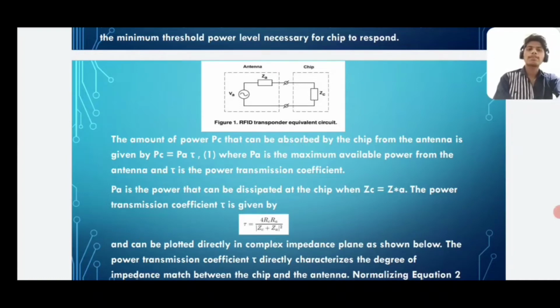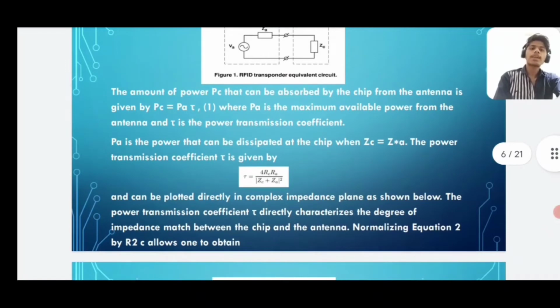PA is the power that can be dissipated at the chip when ZC equals ZA conjugate. The power transmission coefficient T is given by 4 RA RC divided by the magnitude squared of ZC plus ZA, and can be plotted directly in the complex impedance plane as shown below.